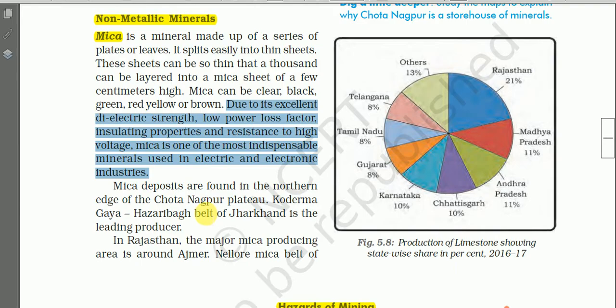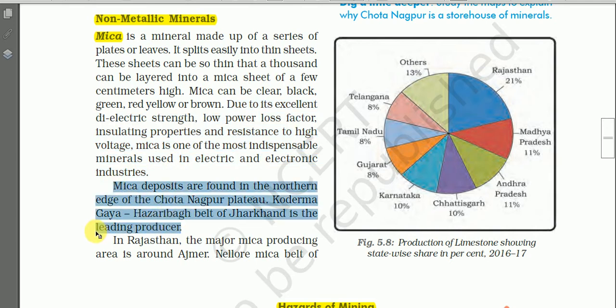And now let us see about the distribution of mica. Mica deposits are found in the northern edge of Chotanagpur Plateau. Kodarma, Gaya, Hazaribagh belt of Jharkhand is the leading producer. Okay, Jharkhand is the leading producer of this mica.